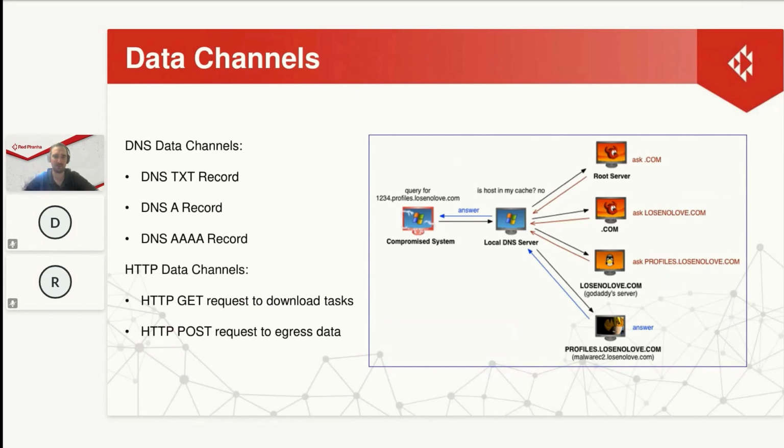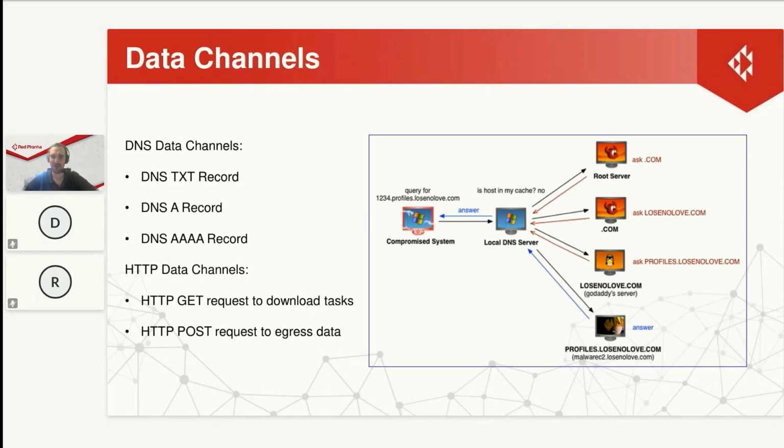If you want to egress data out of the network, you do that using an HTTP POST request. So there's a bit of a difference between DNS and HTTP. DNS is a bit slower and more finicky to get data out because there are restrictions on the data lengths available. HTTP is faster, but DNS is a bit more stealthy.